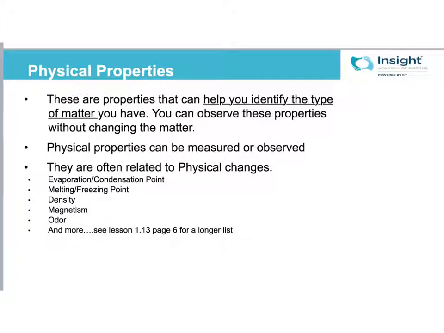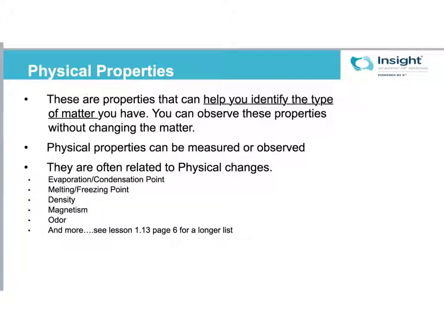So these are all things that you can just observe without actually changing the matter. And when I say changing the matter, that means turning it into something else. Obviously we are causing a change when we melt something, but if you melt water, it's still water. It just went from being ice to liquid water.